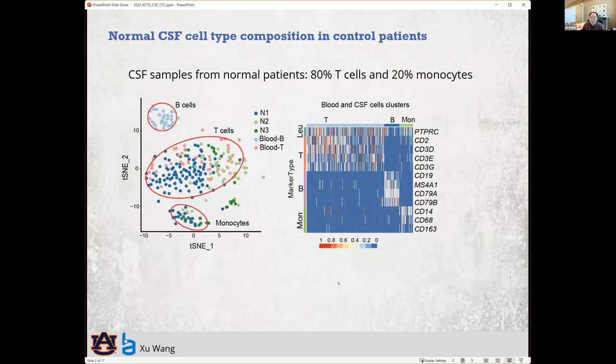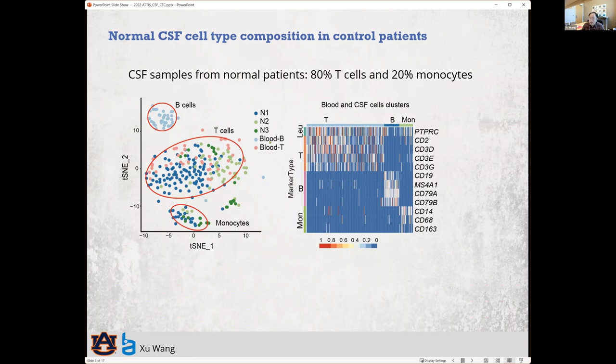Before we do any analysis, we want to see whether we can capture the correct cell type composition in normal CSF samples. We enrolled 3 normal patients and got CSF samples. They were tested because of different diseases known not to affect cell type composition.